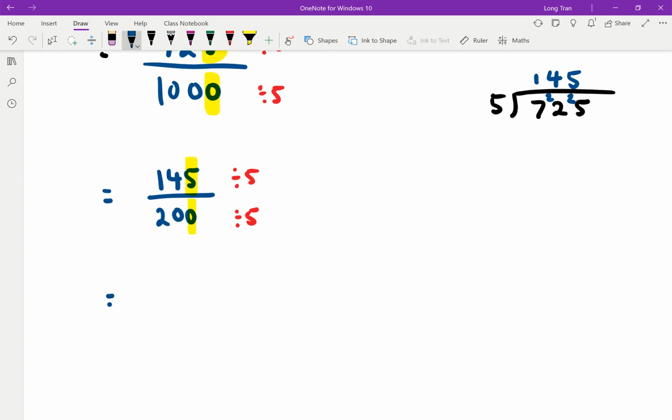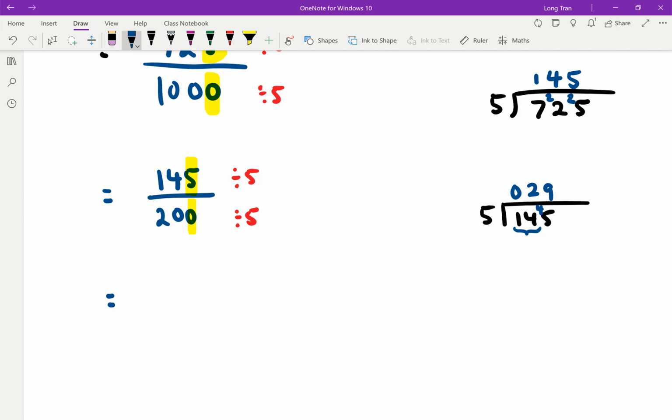So over here, I'm going to do again: how many 5s fit into 145? 5 doesn't fit into 1, but 5 fits into 14 2 times, remainder 4, and then 5 goes into 45 9 times.